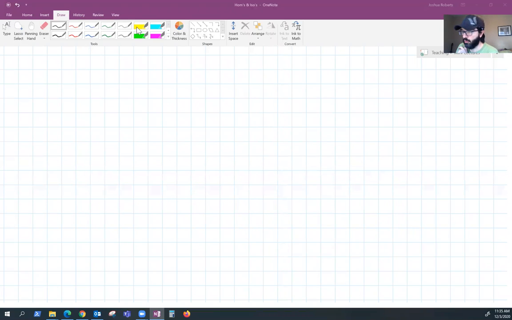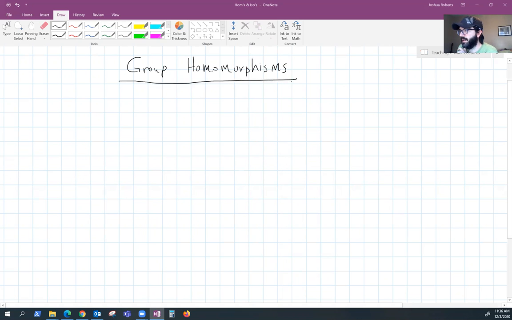Okay, let's talk about group homomorphisms. Now, there's a reason that we start with sets before anything else when we're getting into higher math, and it's because sets are kind of the prototypical underpin of everything we're doing.